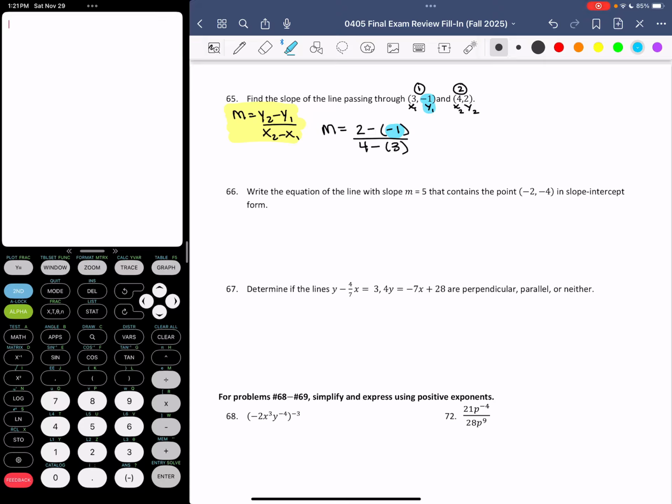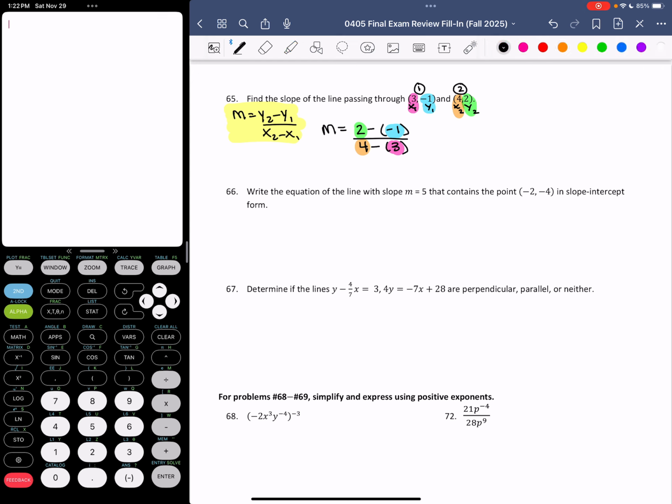It's coming after that minus sign, and you don't want to make that just 2 minus 1, which a lot of people end up doing because they don't use parentheses. See, this is your y2, and then this is your x2.